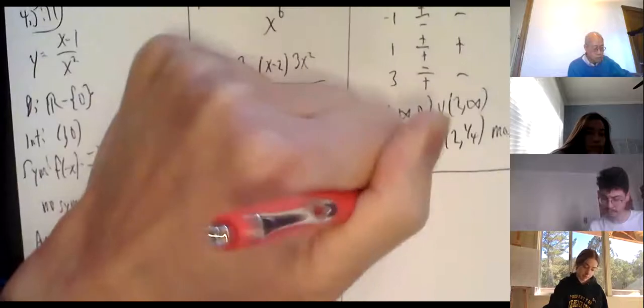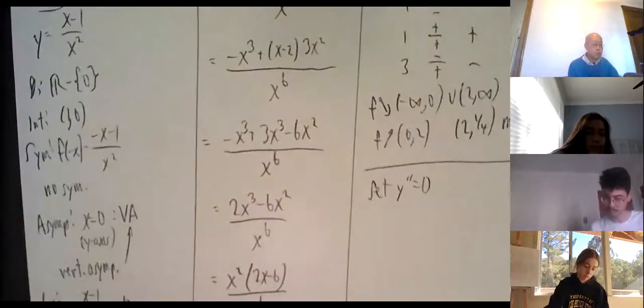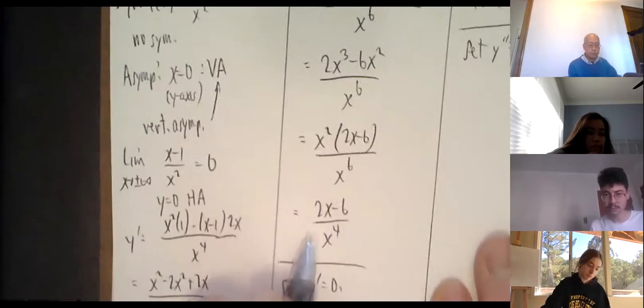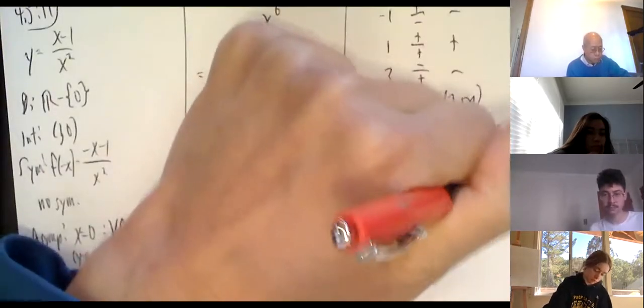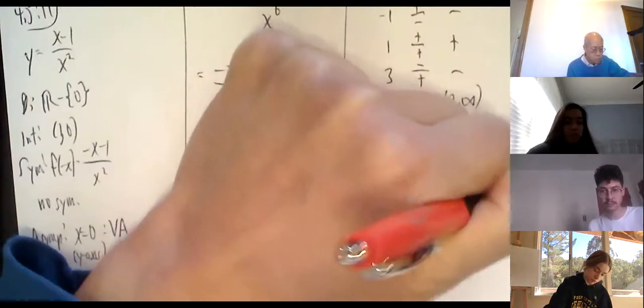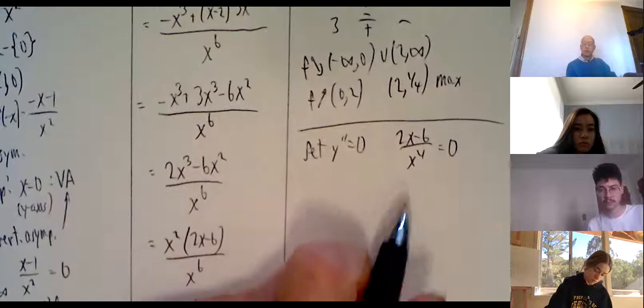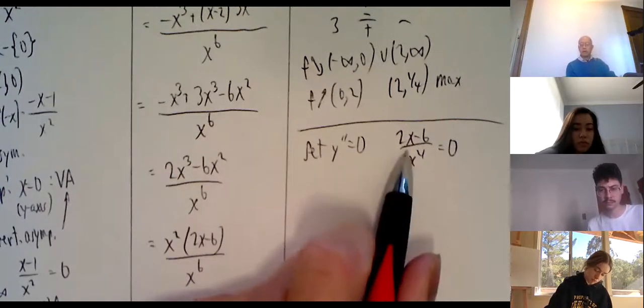Right, then I do my second derivative analysis, do the same thing. Set y double prime equal to 0. Where is my double prime? Over here. Okay, not too bad. When is a fraction equal to 0? When the top is 0.